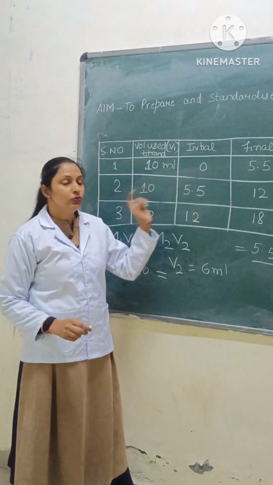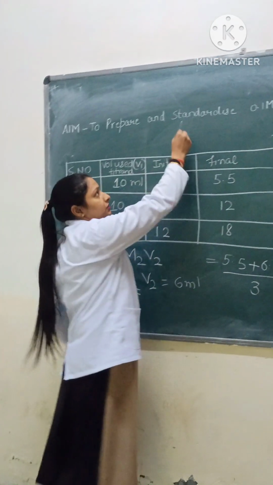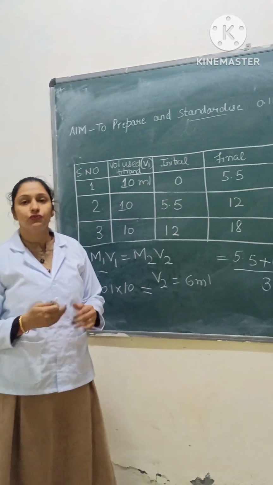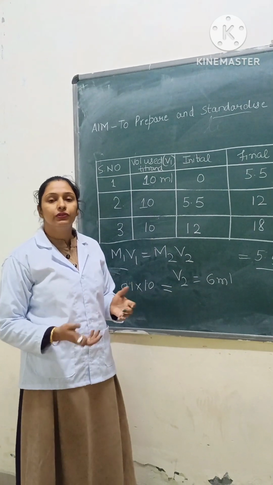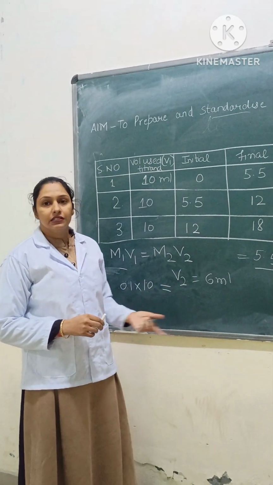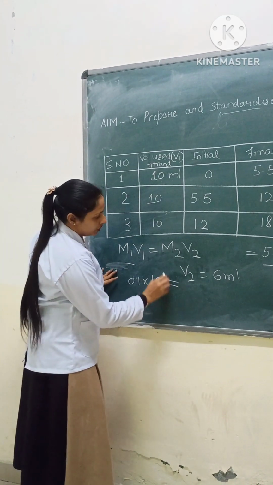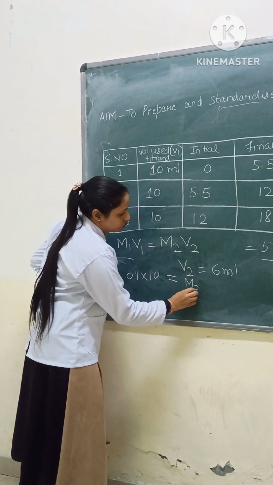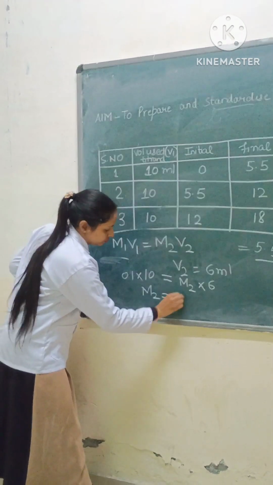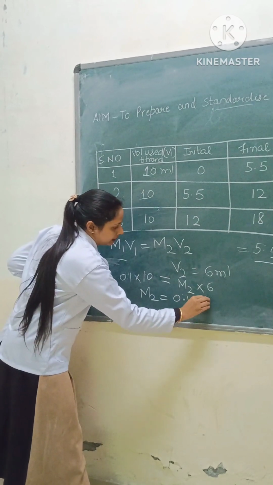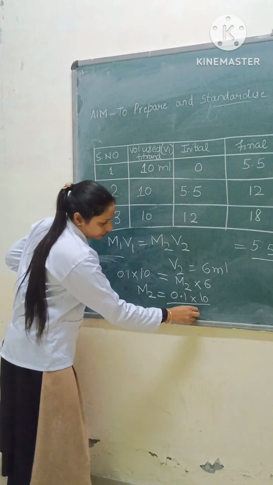In the starting we used 0.1 molar, but now we are going to standardize it. That is, we are checking the actual concentration of the solution which we prepared. So we are taking here M2 and V2 is 6. So M2 is equal to 0.1 multiplied by 10 divided by 6.